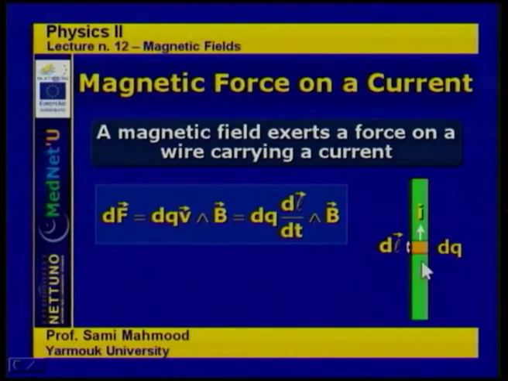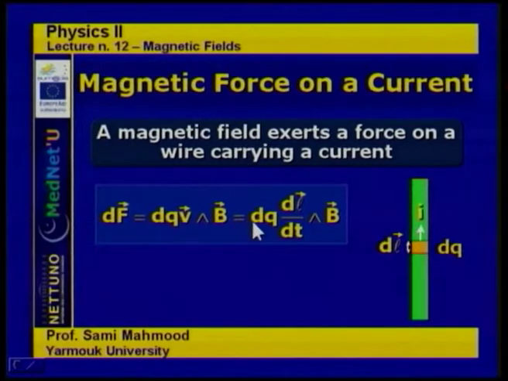We imagine an element of length dl of the conductor carrying the current, and calculate the charge dq inside that element. The charge dq times the drift velocity v cross B is the magnetic force exerted on this element of length of the charge carrier.